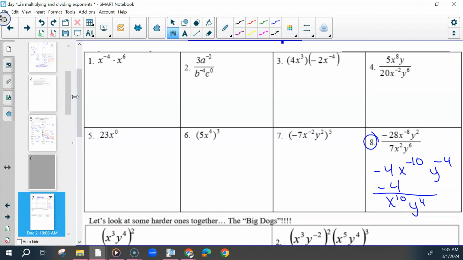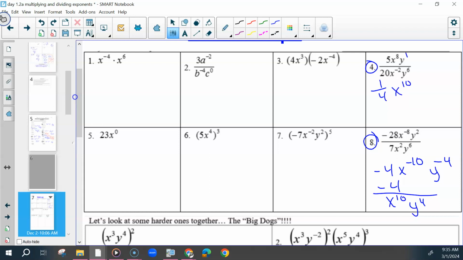This one, right? Okay. This one's going to be similar. Same operations, we're multiplying and dividing. So if we were dividing 5 over 20, leave that as a fraction, what would that become? 1 over 4. And then subtract your exponents. 8 minus the negative 2 would be 10.